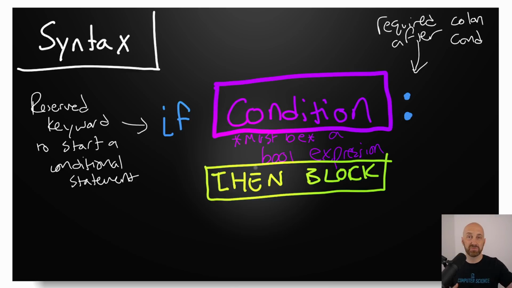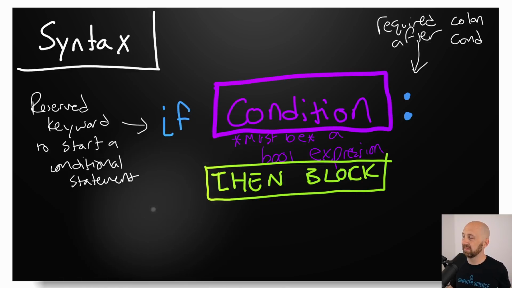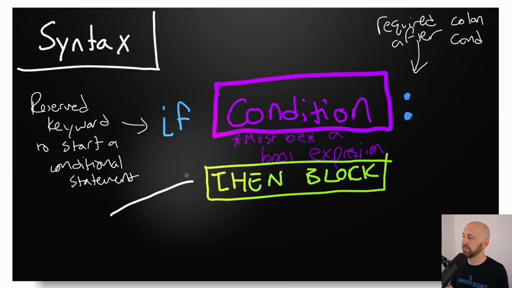So we saw this as two, like a print statement and a print statement, but a block can also be made of any other kind of statement. For example, we could change a variable inside of a then block. We'll see another if then conditional inside of a then block. Any statement that we can make inside of the then block. But what's important is the then block is indented by one level, right?